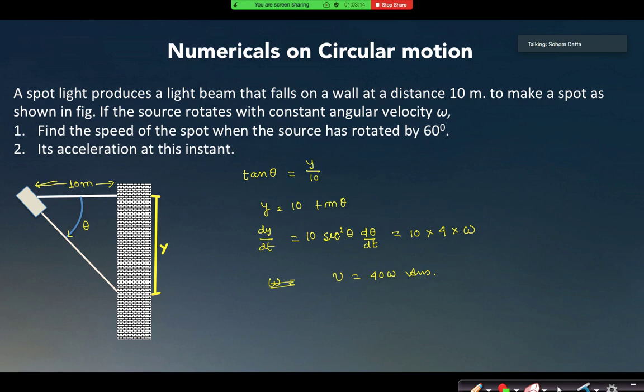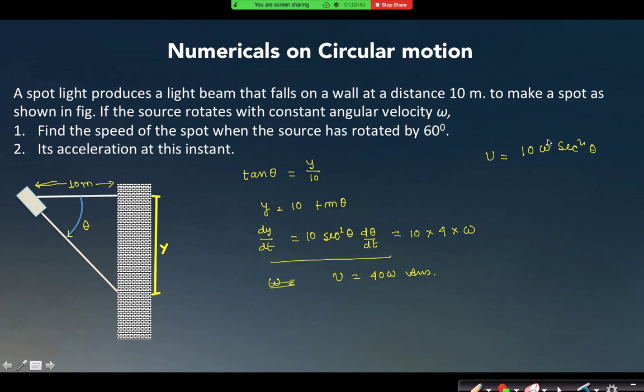So 80 root 3 omega squared. How can I find that acceleration? Look, I have a relation of y and theta. Then I will differentiate the second equation that I have got here. So v is equal to 10 omega sec square theta.